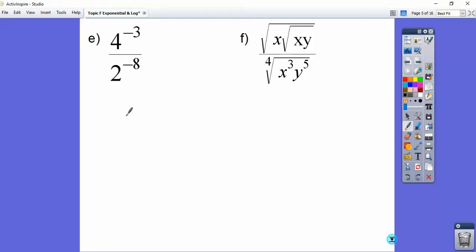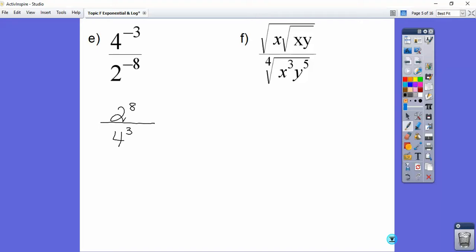There's not just one correct answer, but give me an option. Okay, both of them have a negative exponent, so we could change floors on both of them. So the 4 cubed will go down to the bottom, and 2 to the 8th will come up to the top.